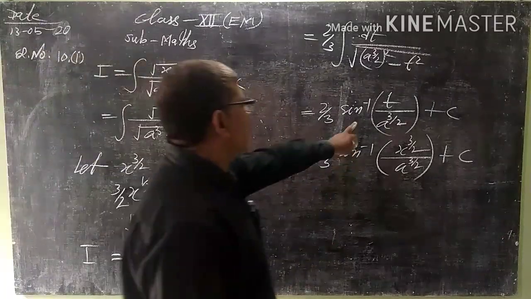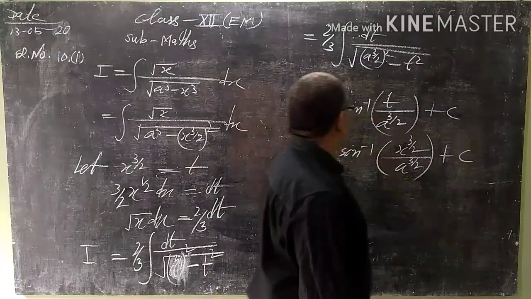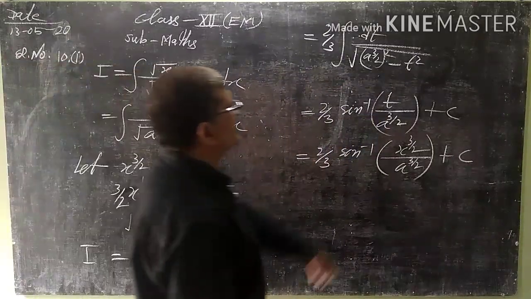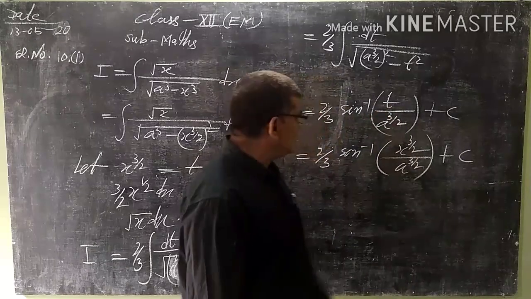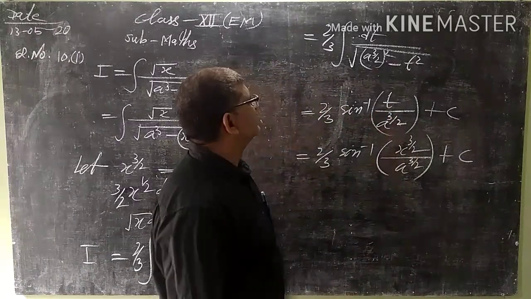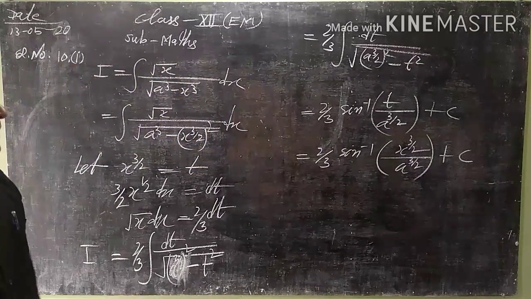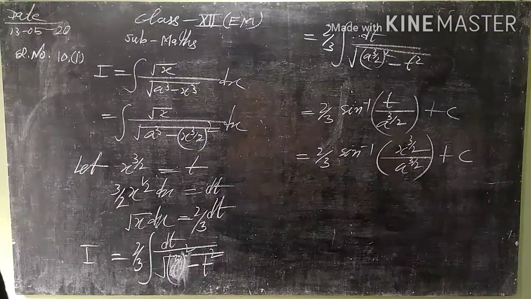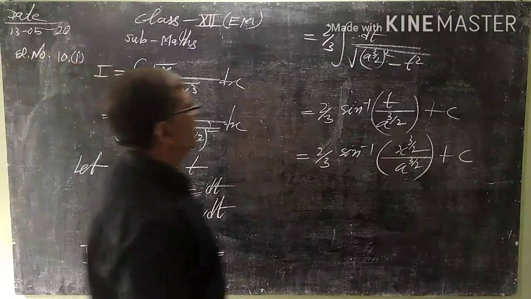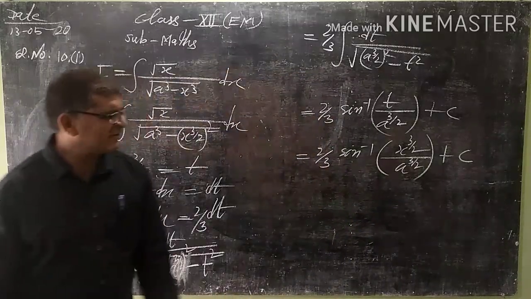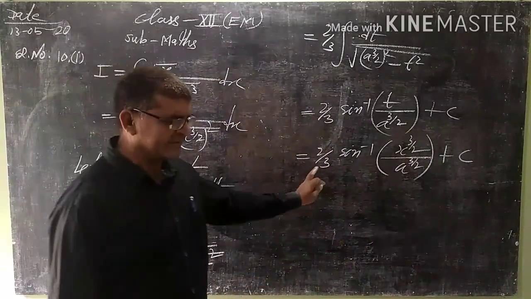Then we have applied the formula sine inverse x upon a, where instead of x we have to write t, and instead of a we have to write power of a 3 by 2 plus c. Now we put the value of t and we find the solution which is here.